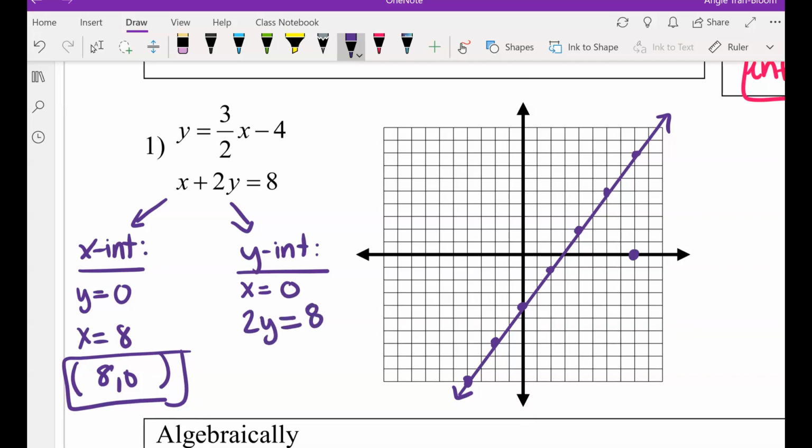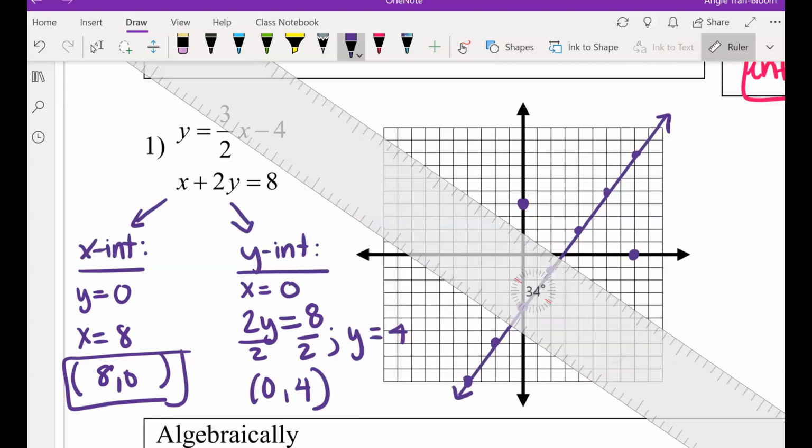That means we're solving for y, so we will divide both sides by what, Alan? Very good. Divide both sides by 2. That means y is going to come out to be 4. How do we write that as an ordered pair? 0, 4. Plot your dot number 2. Okay, so we have 2 dots.